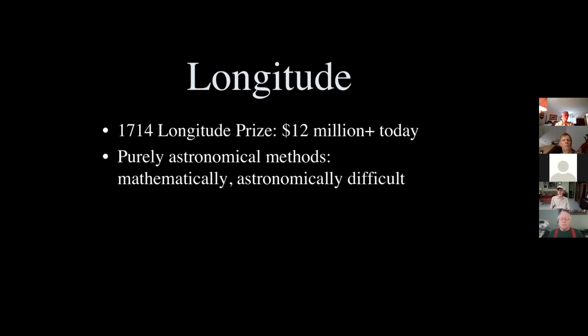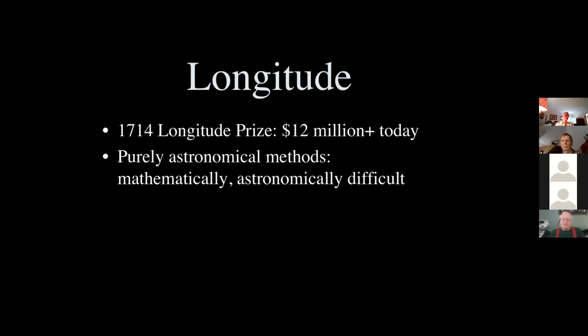Some people came up with purely astronomical methods. They were both mathematically and astronomically difficult. If you've seen the British production of Longitude, there's a scene in which this mathematician is trying to figure out longitude using pure mathematics and sightings of astronomical objects, and he screws up his math and he flies into a rage.